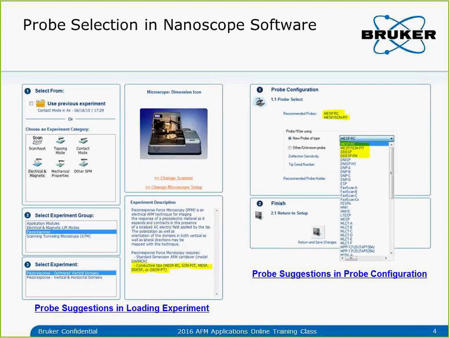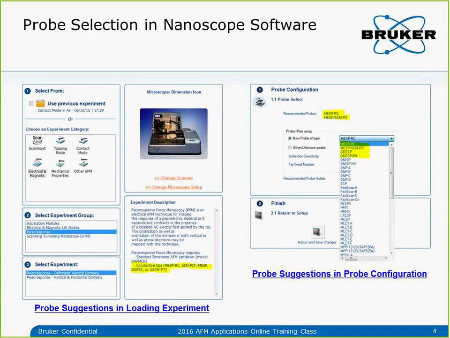There are so many probes on the market. Even from Bruker, there are probably hundreds of probes, and there are so many applications. How do we know for a certain application which probe is the right probe? It makes it difficult. But for that purpose, in our Nanoscope software we actually built some functions to help you select the right probe.